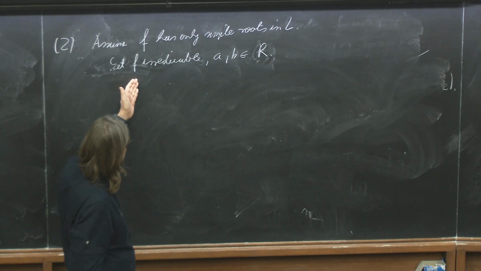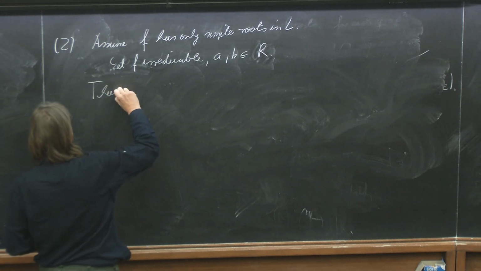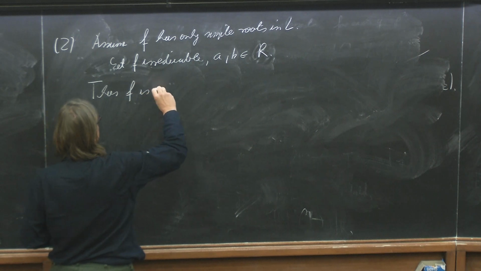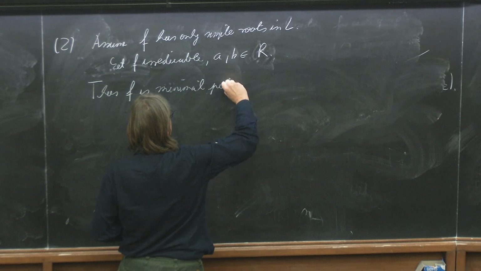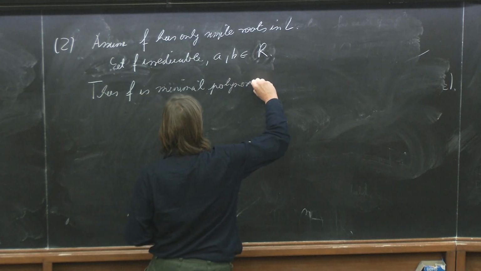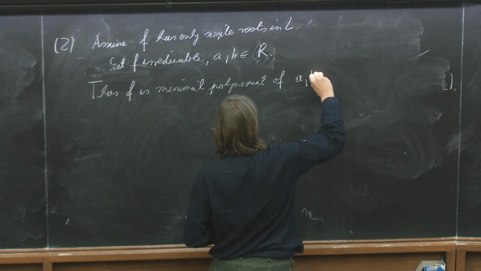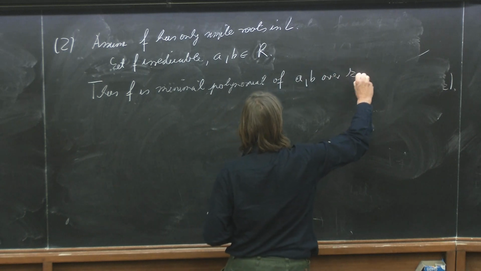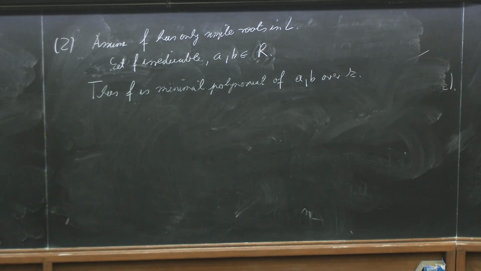So F is the minimal polynomial of both A and B. And then we can, again, use the same trick as before.